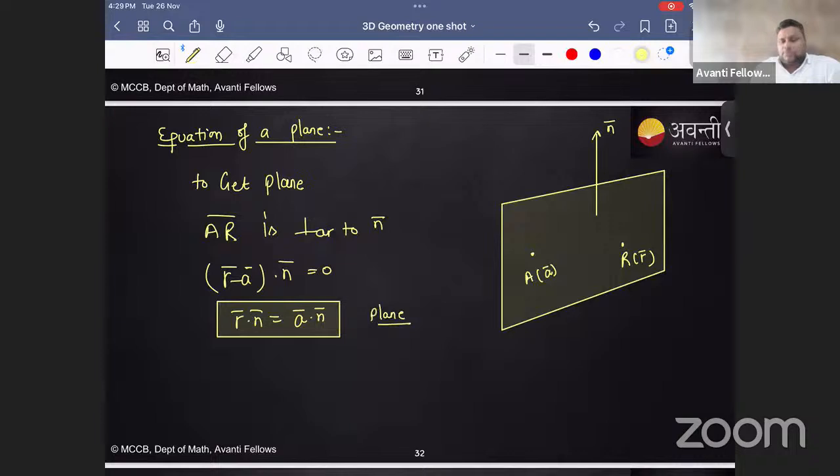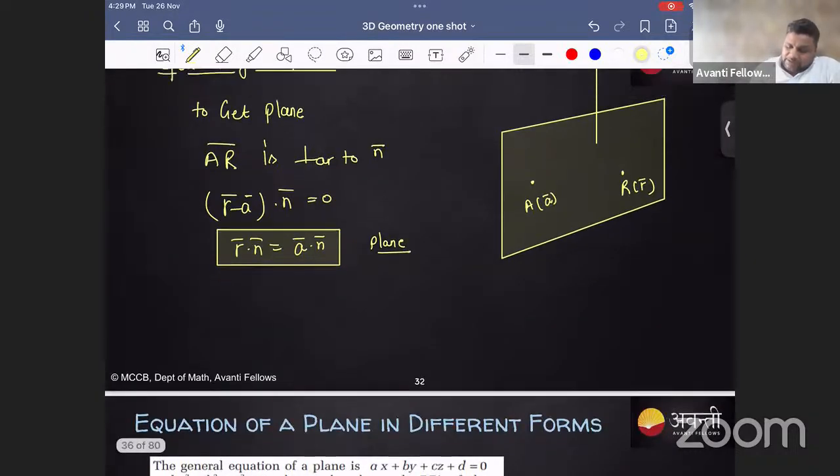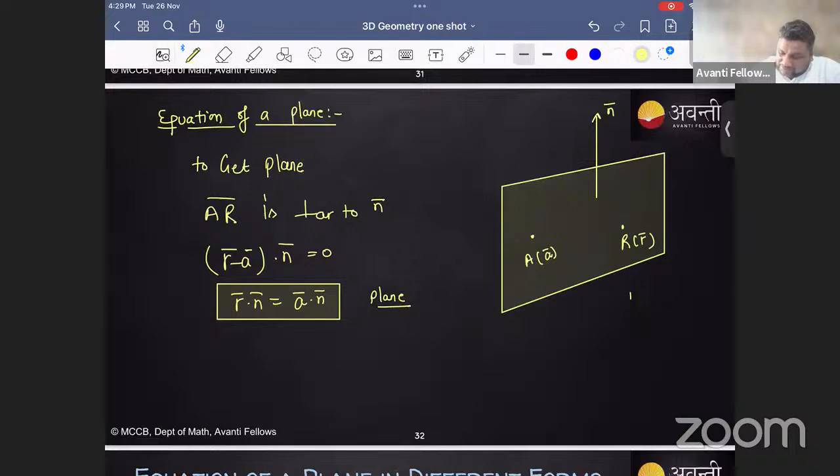Got it? So this is the equation of plane you are looking for in vector form. Now see, let us assume this normal vector given to you is a i cap plus b j cap plus c k cap, and this point A is x1 i cap plus y1 j cap plus z1 k cap.